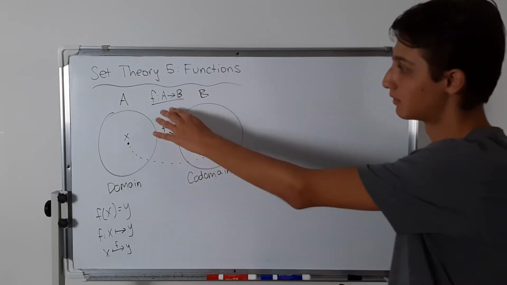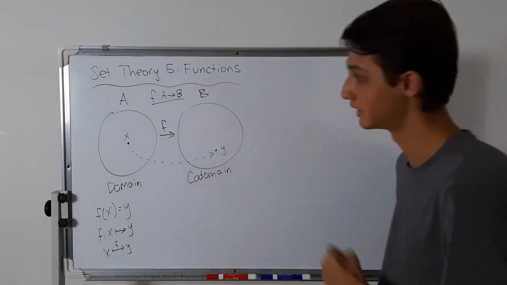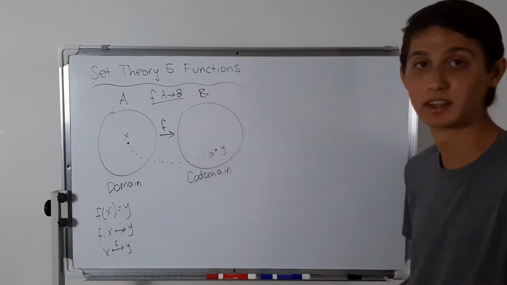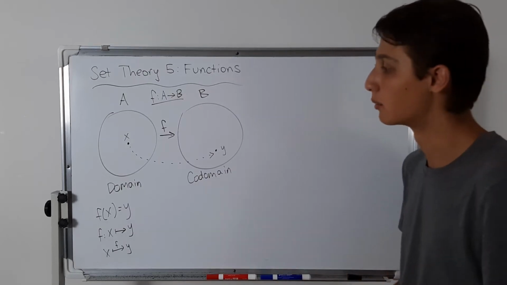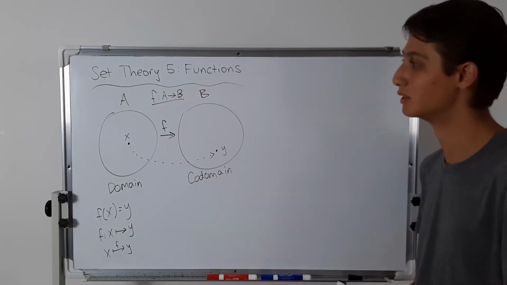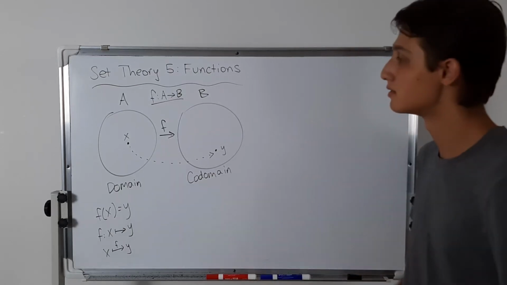And so you have the domain-codomain relationship and the relationship between elements in the domain and elements in the codomain. Evidently, the domain and codomain are important things about functions. In fact, they in part define the function.